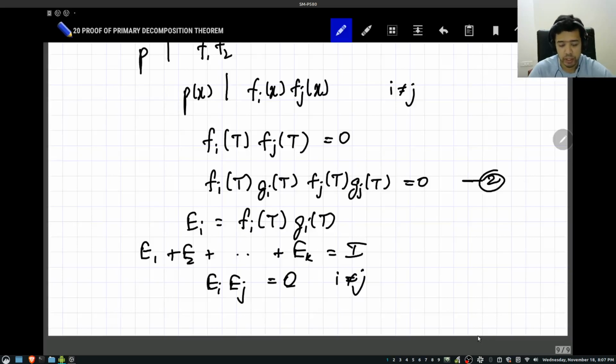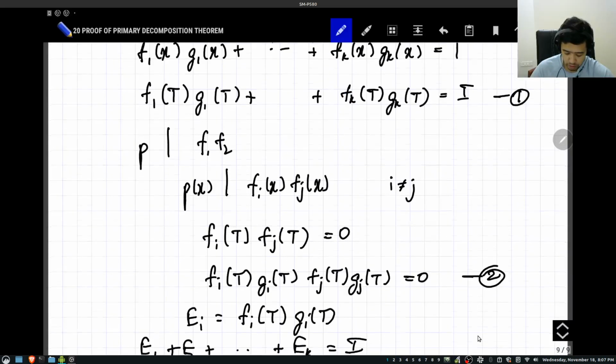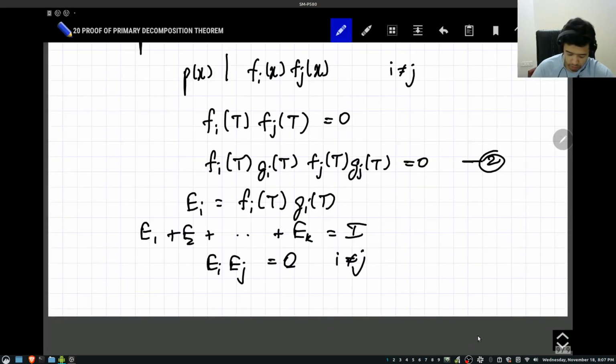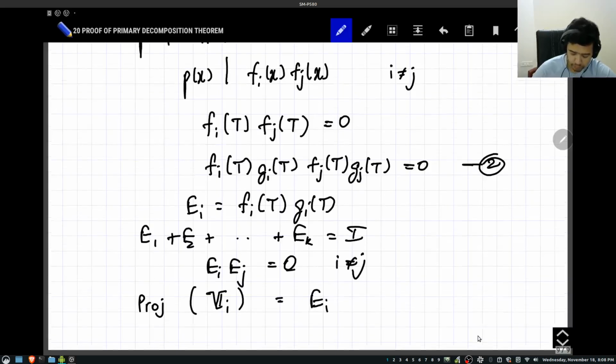So if I take each of these ei's as my projections, then this certainly gives me a direct sum decomposition. But what are these projections in fact equal to? It turns out that these are the projections corresponding to each Vi. So the projection onto Vi turns out to be Ei.